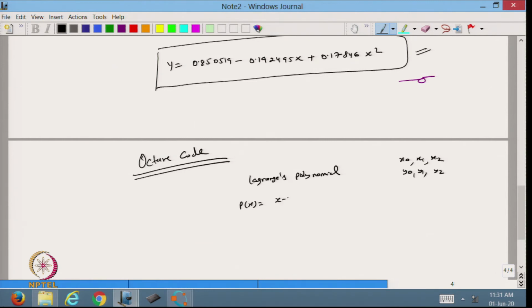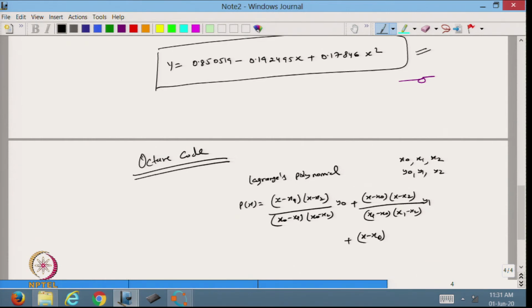So I will get (x minus x1)(x minus x2) over (x0 minus x1)(x0 minus x2), and here I will get y0. Next it will be (x minus x0)(x minus x2) over (x1 minus x0)(x1 minus x2), y1, plus (x minus x0)(x minus x1) over (x2 minus x0)(x2 minus x1), and this is y2.